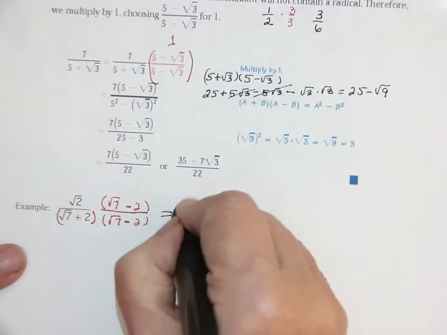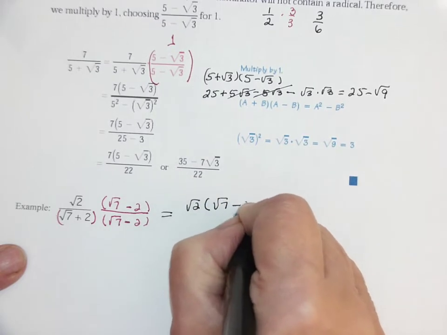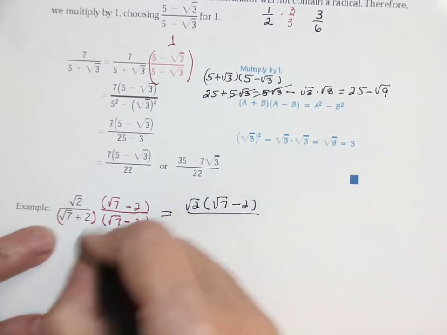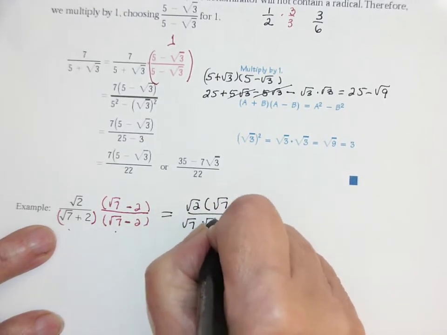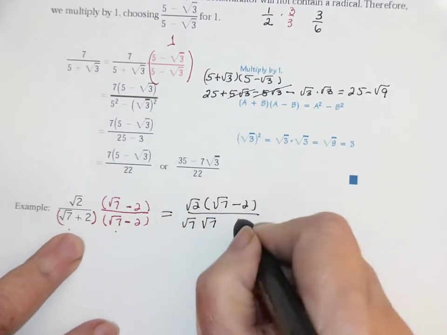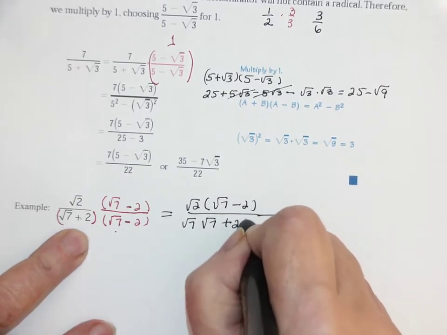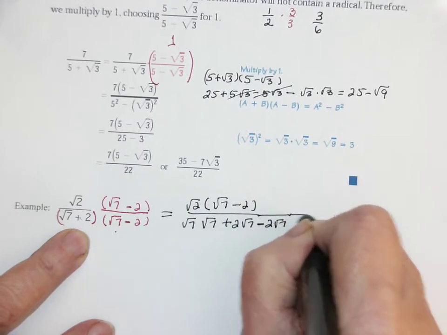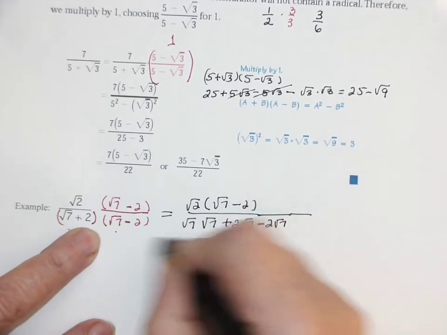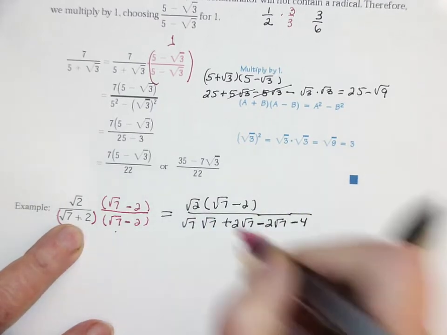So then this becomes the square root of 2 times the square root of 7, subtract 2, over the square root of 7 times the square root of 7. The inner is 2 square roots of 7. The outer is minus 2 square roots of 7. And the last is positive 2 times a negative 2, which is a negative 4.